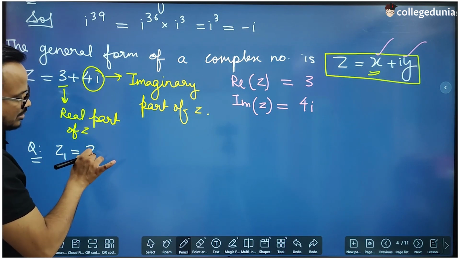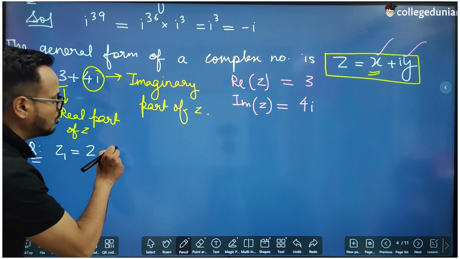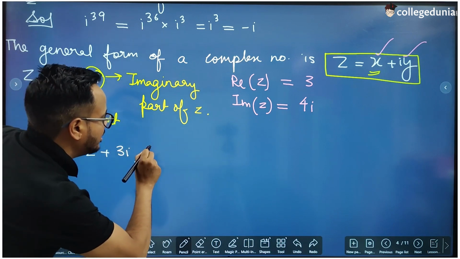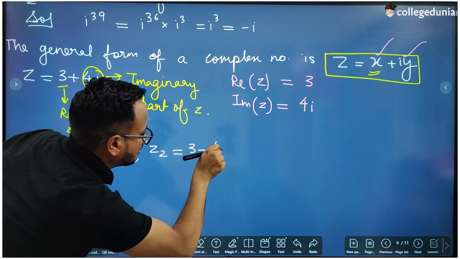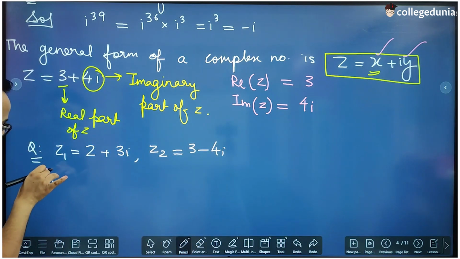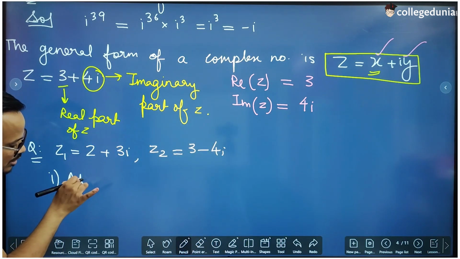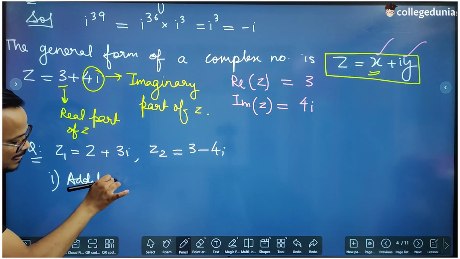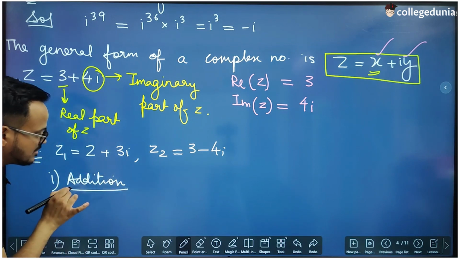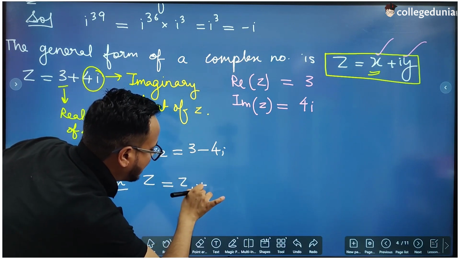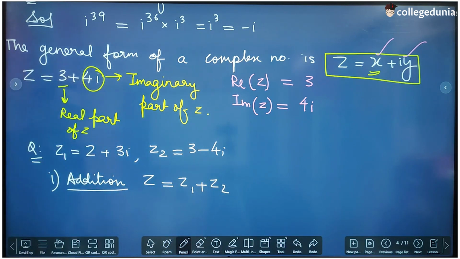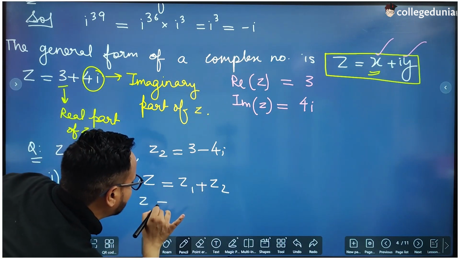Let us say that z1 is 2 plus 3i and z2 is 3 minus 4i, let us say, right? So number one, addition of complex numbers. Let us say that the complex number which comes after adding these two is represented by z. So that z is z1 plus z2.